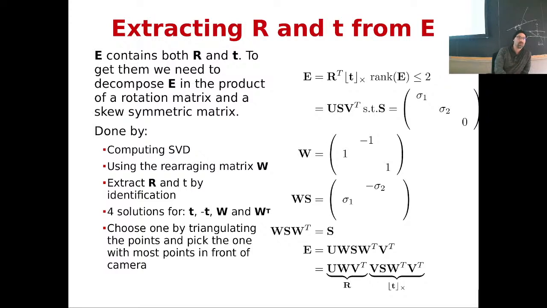But now why do we need an E matrix if we started from this condition? Your colleague says, why do we need an E matrix if we started from this condition? Yeah. This is another problem. Now we have seen that from E, I would be able to extract R and T.